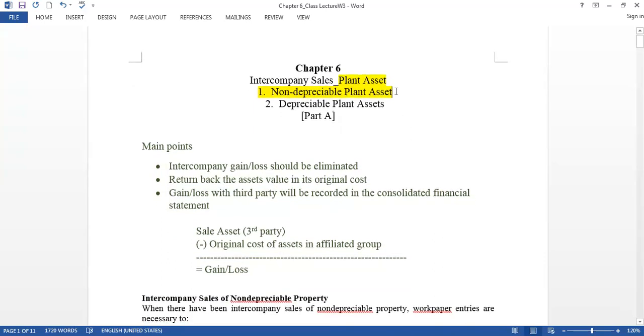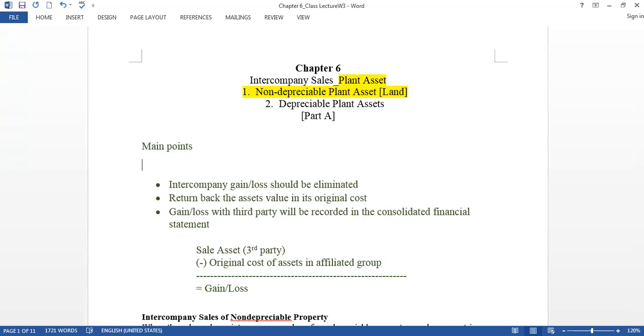So here, mainly, which are the non-depreciable plant assets? You know that land. So land is the non-depreciable plant asset, right? So here we have some main points that we have to remember because this is quite a very easy chapter.